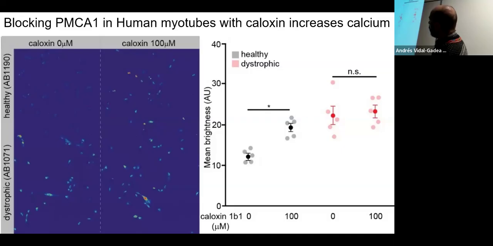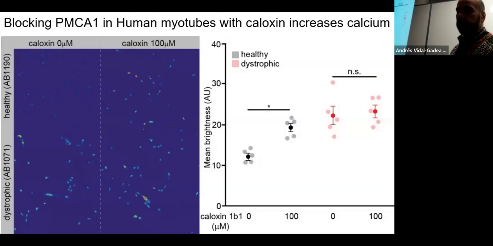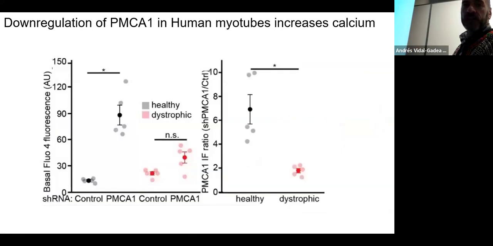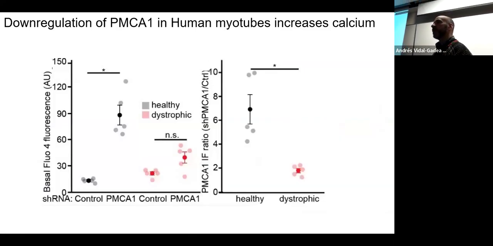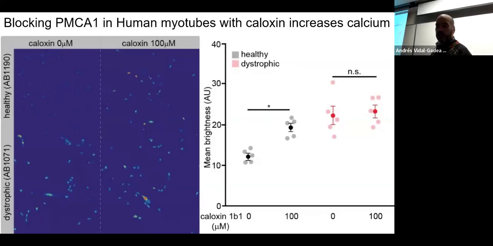But when we block the pump in healthy animals, we see a change. And back here, it was downregulation with RNA interference. We basically see the same thing in the human cells. This is darker than this, but this is not so much darker than that, right? That's what this is quantifying. So either blocking the pump or downregulating the pump has the same effect.